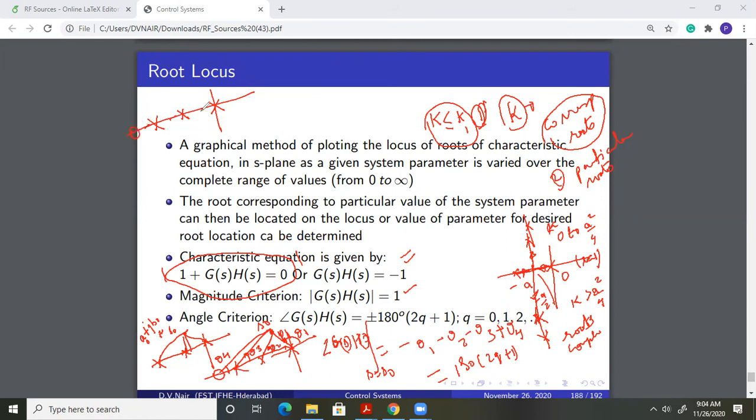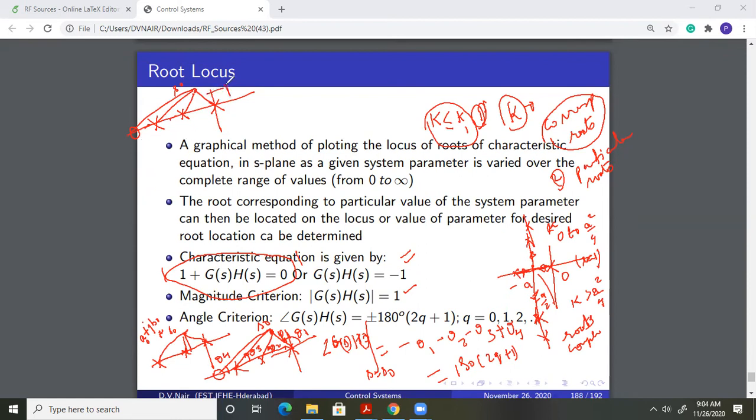Let us say we have some G(s)H(s) whose pole-zero mapping is like this, and I am talking of this particular point s naught, whether it would lie on the root locus or not. I will be joining that point of interest with each of the open loop poles and zero, so 3 open loop poles and 1 open loop zero.